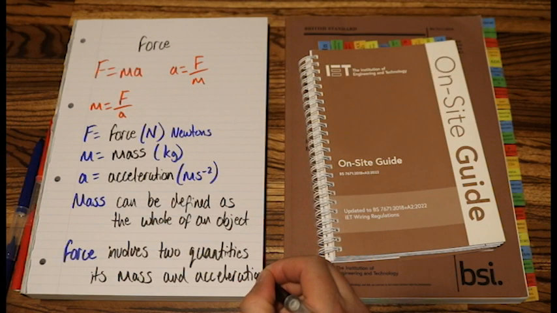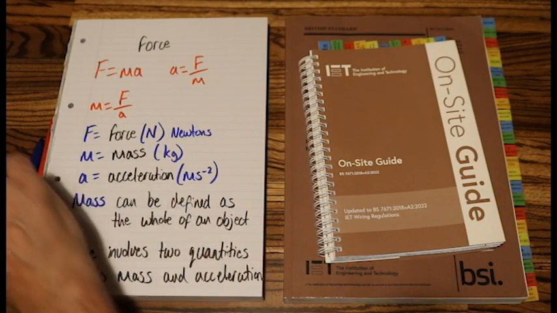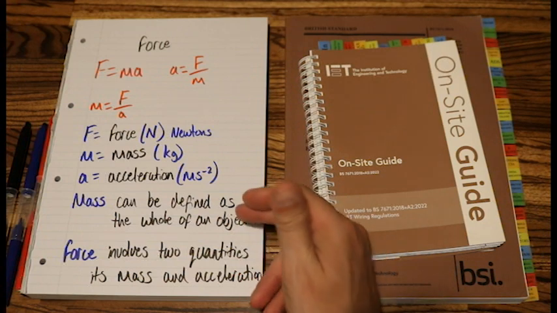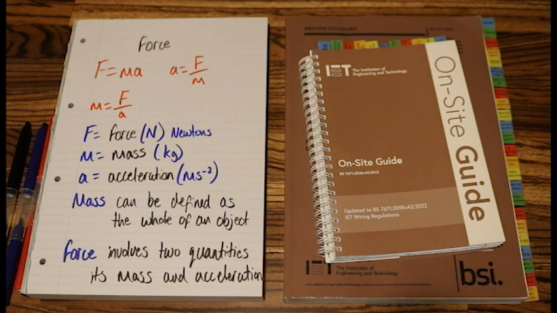Run out of room slightly there, sorry about that. So force involves the whole of the object plus this acceleration. It is moving in a direction. And there we have your revision notes for force.